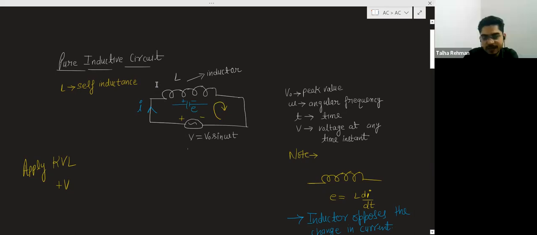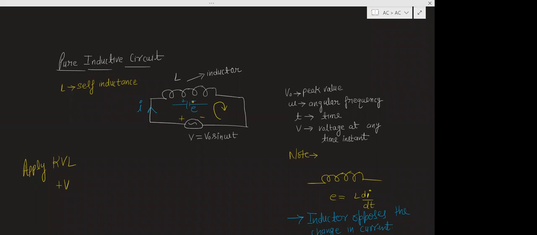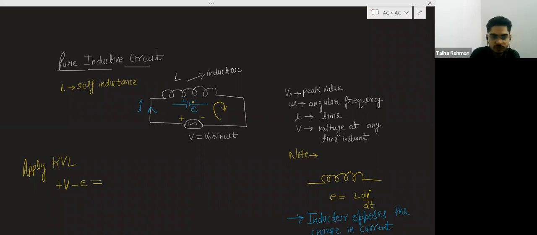So if you apply Kirchhoff's voltage law, this EMF you will take negative, because you are moving from the positive terminal to the negative terminal. So V minus E equal to 0 you will get.